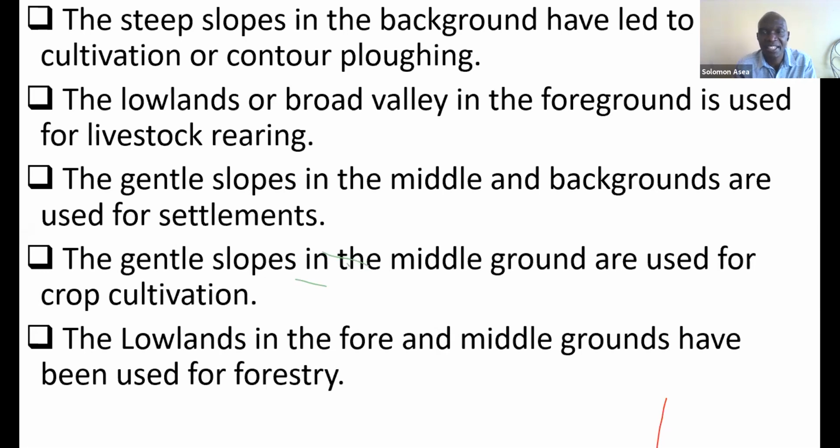The physical factor here is relief. So this reflects the relationship between relief and land use, because where there are steep slopes, there is terrace cultivation, as you can see in the background.